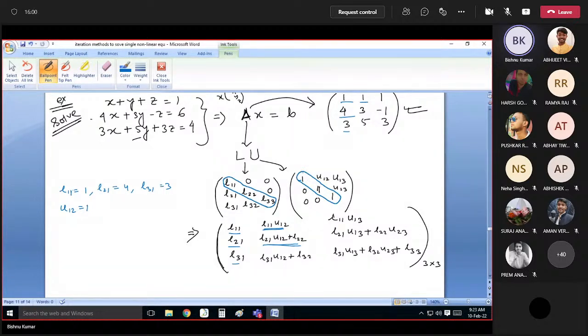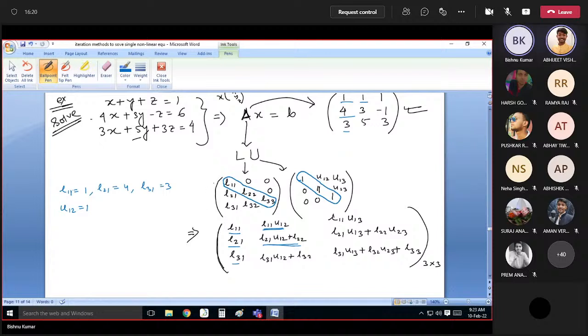Why have I taken here constant, simply 1, 1, 1? For that purpose, I am telling you, if I consider here also U11, U22, U33, then in total how many unknowns will be there in the two matrices simultaneously?